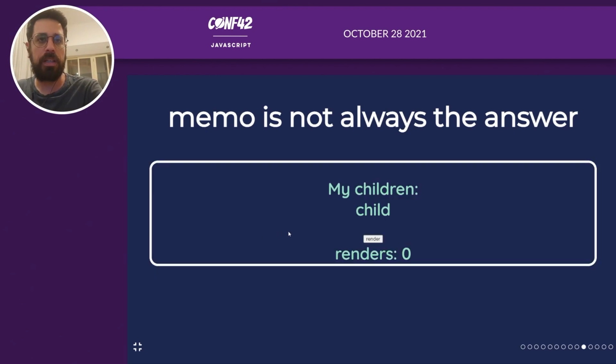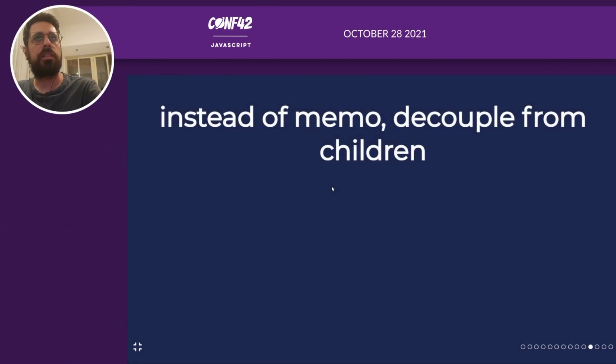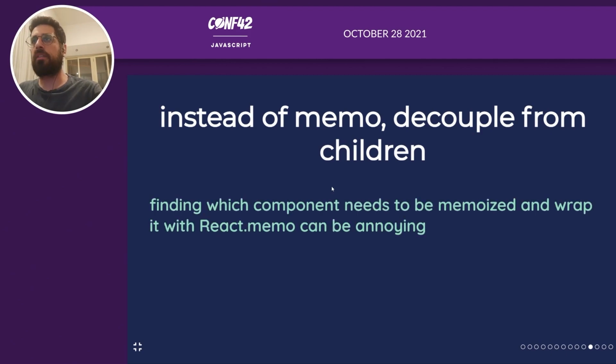So if I click this button, I see that it renders every time, even though I wrap the entire thing in React memo. So a better thing that we can do sometimes is decoupling from children instead of using memo.